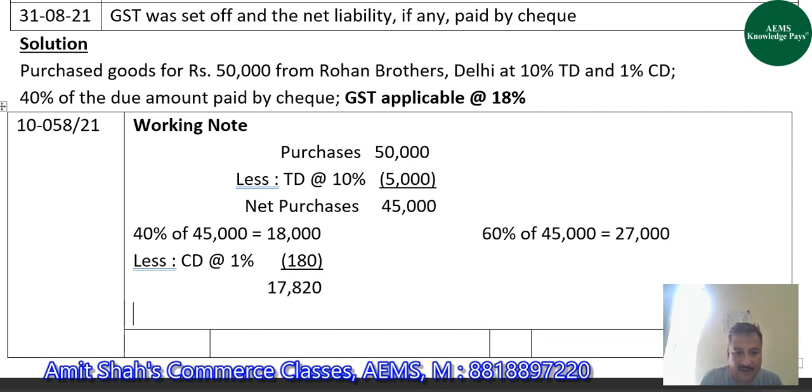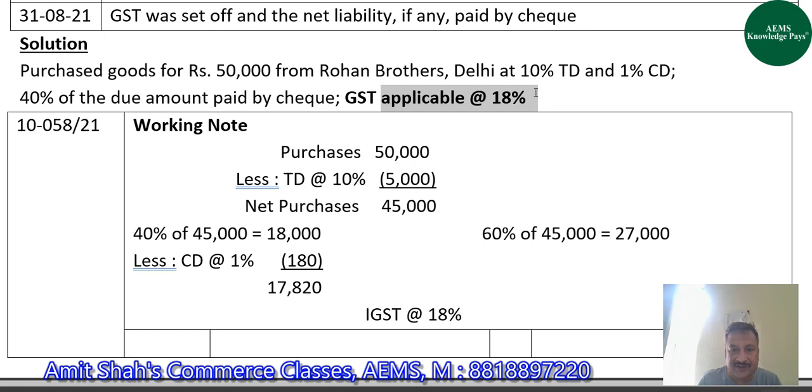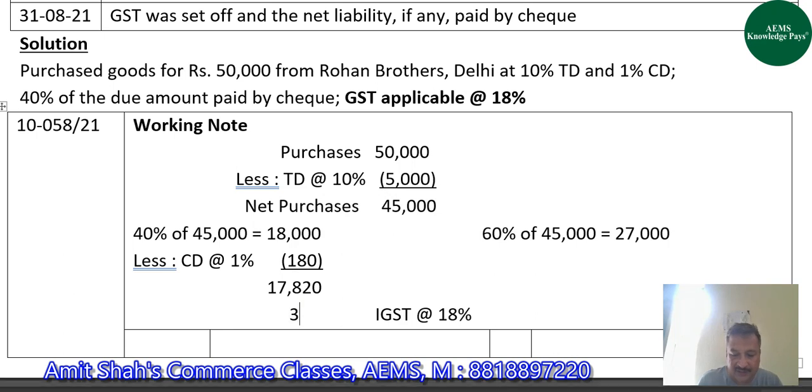Now we will apply IGST at the rate of 18% because GST is here at the rate of 18%, and since it is an interstate purchase, that is why IGST would be applicable. 18% of 18,000, that is 3,240 if I'm not wrong.